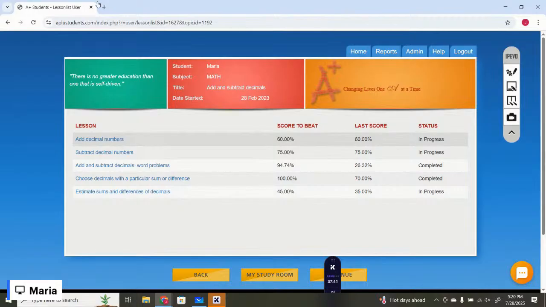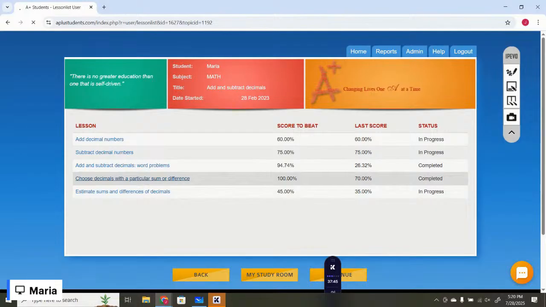The next lesson is choose decimals with a particular sum or difference.